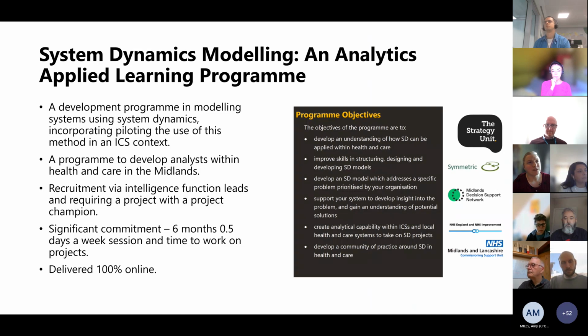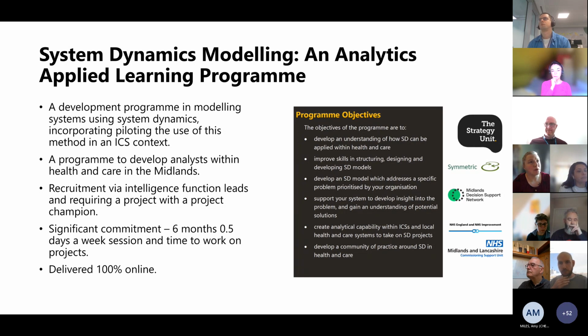That was to focus on system dynamics and building up the capacity of system dynamics in the ICS context. It was aimed at the analysts in health and care, not just in the NHS, but also in local authorities, those working in social care and public health, for example.